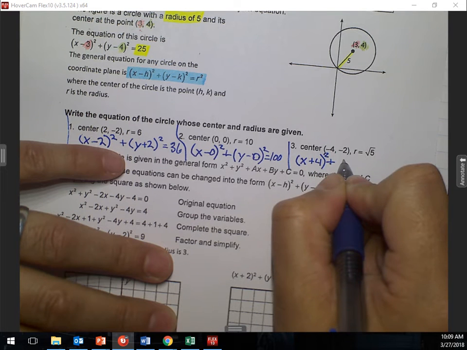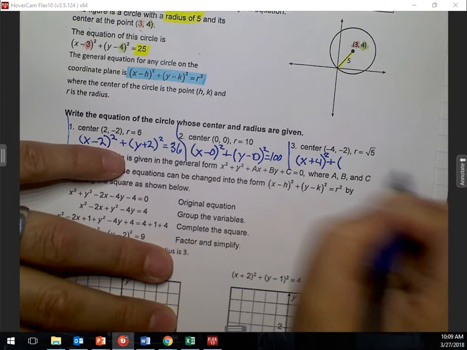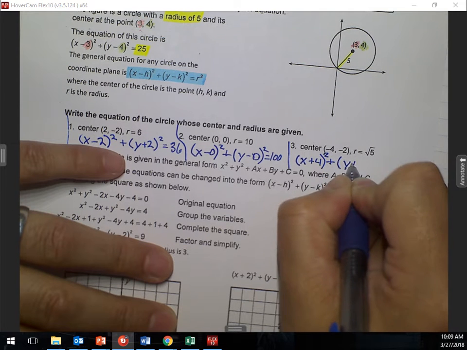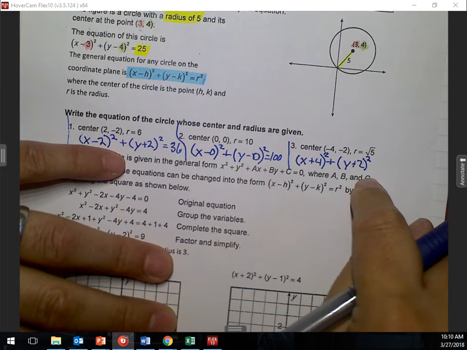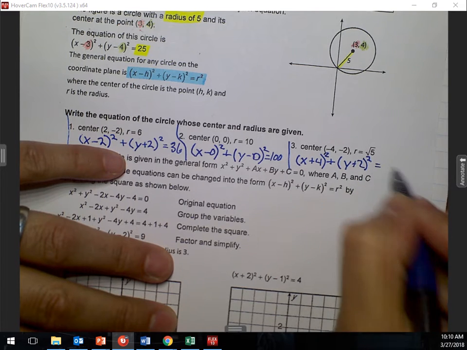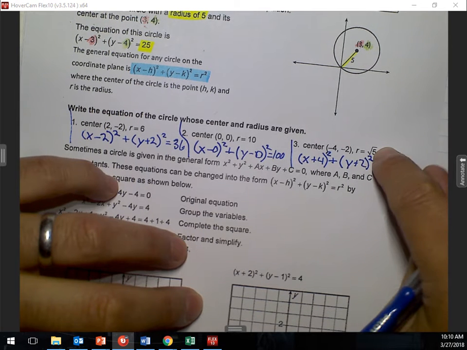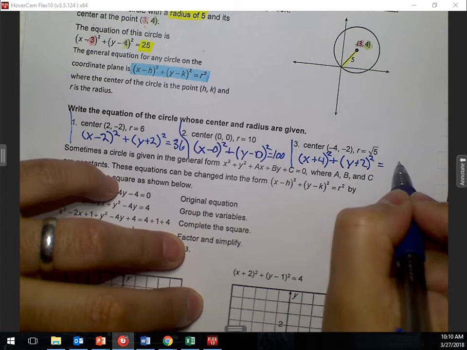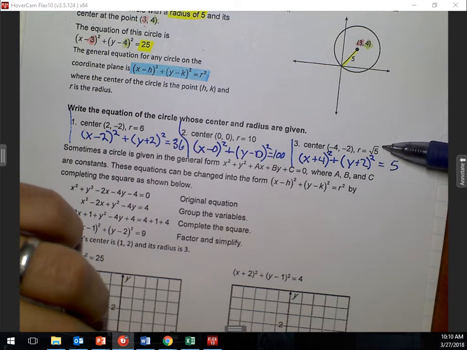Plus, parentheses, y plus 2, squared, equals. When I square that, what's 5 times 5? Now, what is the square root of 25? 5. So we just get 5 here, because a square will cancel a square root, right?